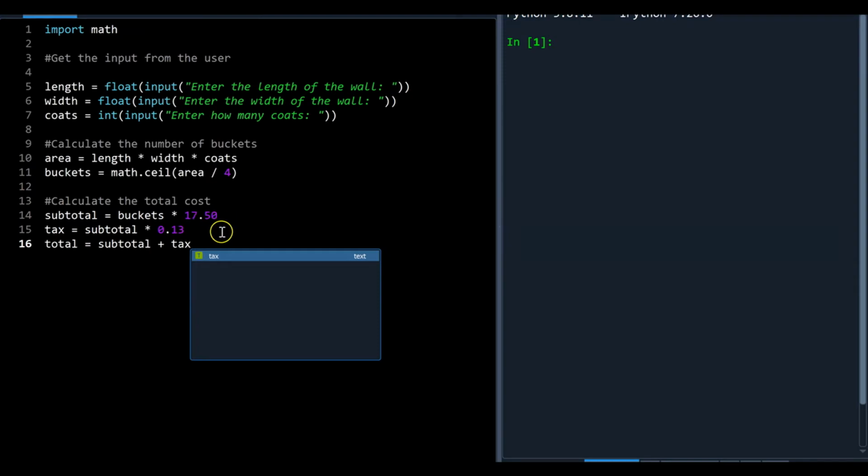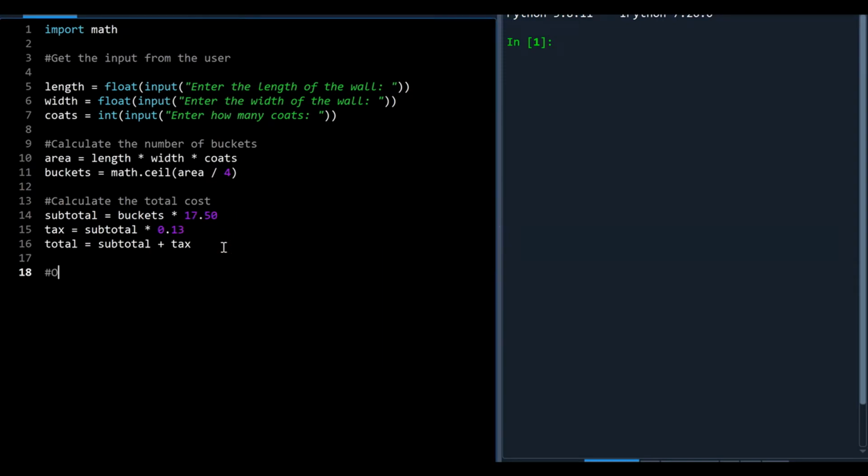Okay, and then finally I can output the total cost and number of buckets.